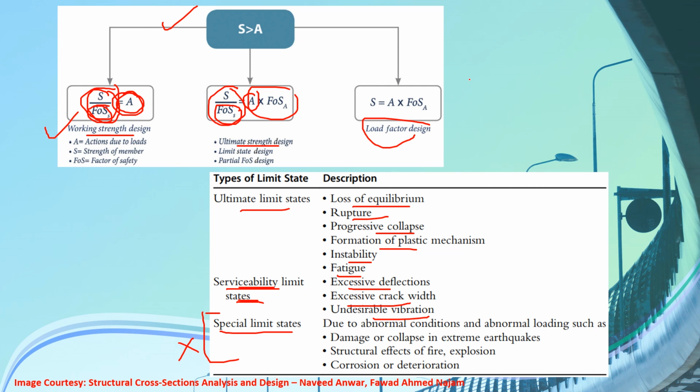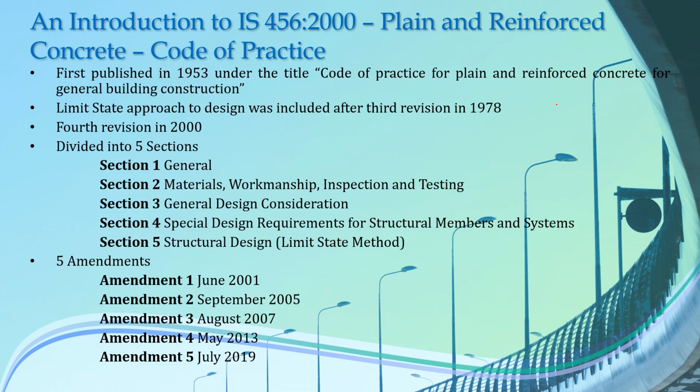So the current field or the emerging field is the performance-based design approach, but we will not be going into detail into that. And one final slide before concluding our first chapter is a short introduction to the IS 456-2000 code, and that is the code of practice for plain and reinforced concrete.